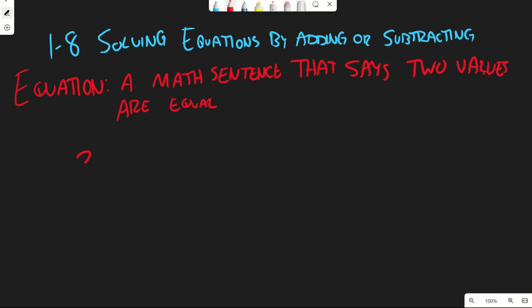If I say something like 3 plus 8 equals 11, that's a math sentence. This is saying that this value is equal to this value. That's all an equation is.